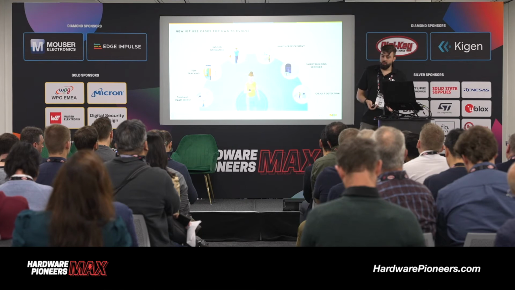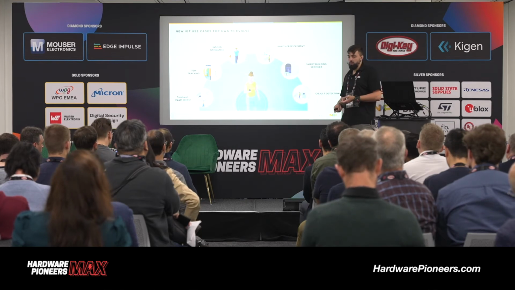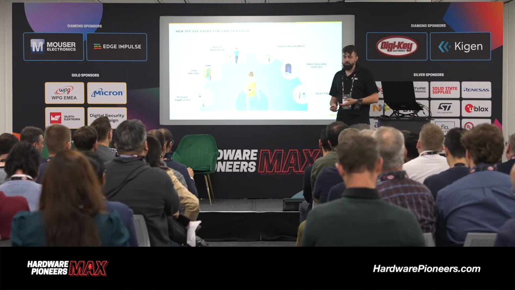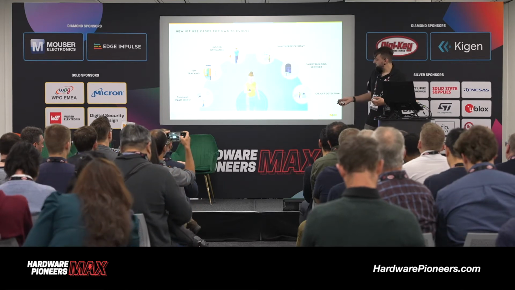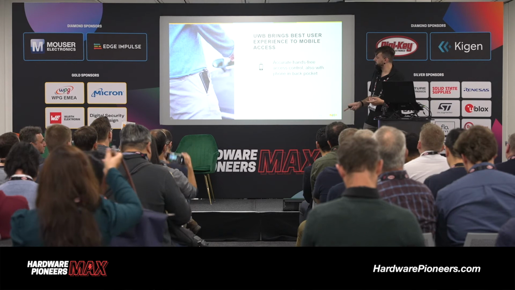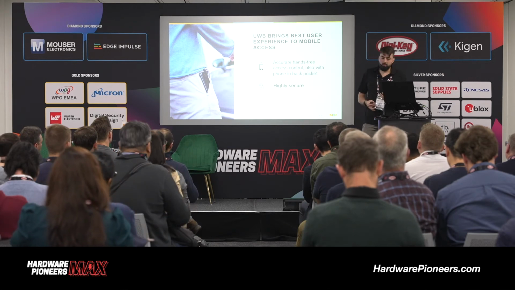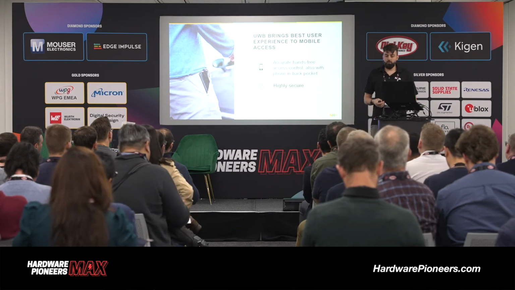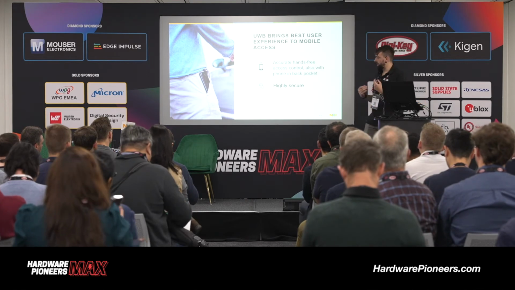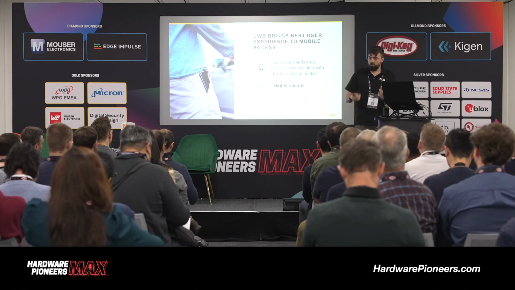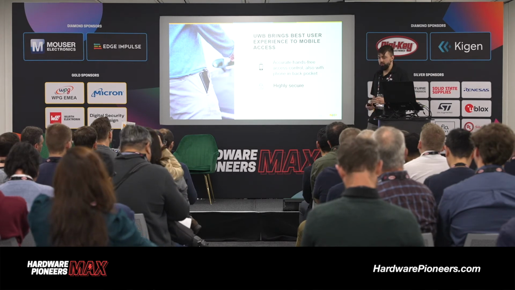Of course, also smart building access is very important. It's one thing that NXP is great at with the smart cards and NFC, which I'll also show you. Ultra Wideband brings you the best user experience to mobile access. It's accurate hands-free and access control in your pocket, and it's very, very secure.